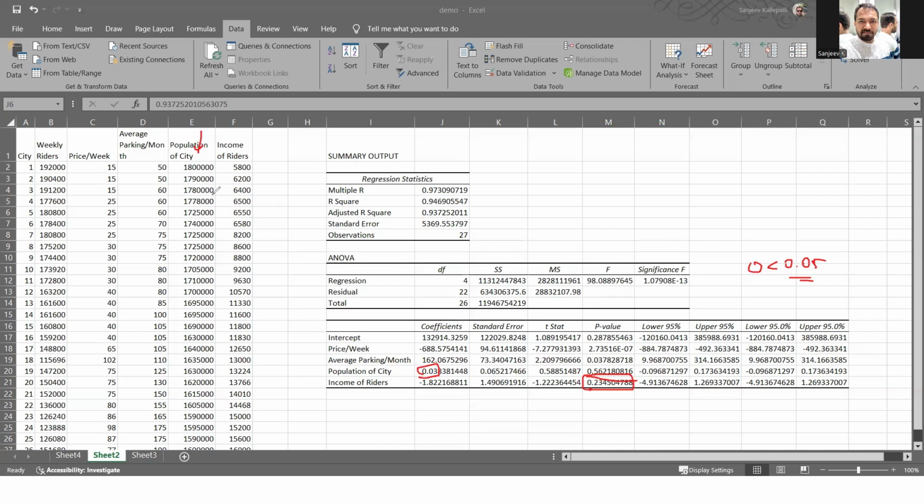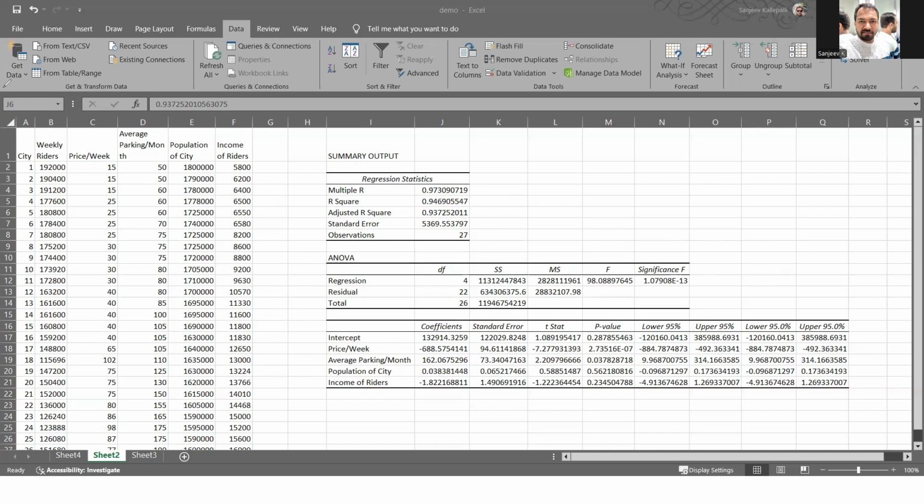We can use the stepwise AIC function to figure out if we can just look at price per week and average parking per month to make the model or not, and then try to add one feature of population of city and one feature of riders, and see if the loss is increasing or decreasing, and so on. Okay, this is one way.